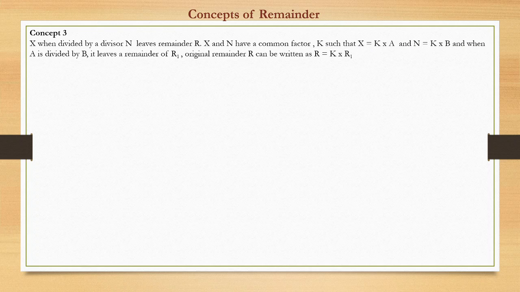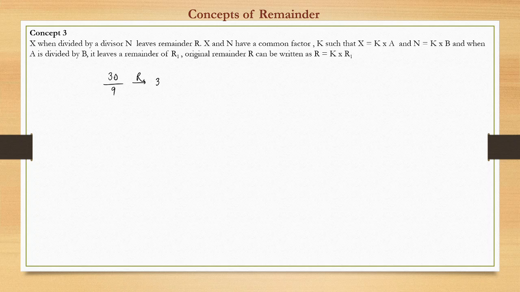Now let's move on to the next concept. We have seen this partially also. What does this mean? Suppose we have to divide 30 by 9. What is the remainder? The remainder is 3 here, right?